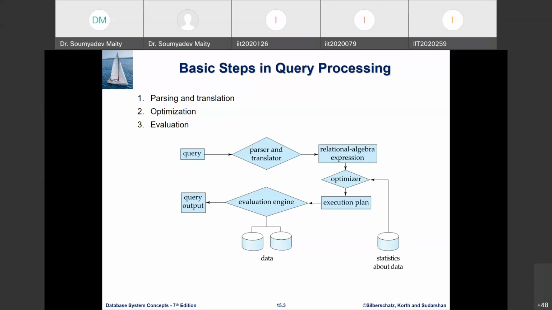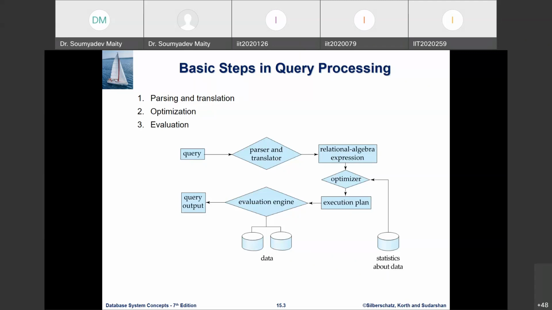So what is an execution plan? An execution plan is nothing but an annotated relational algebra expression. Annotated relational algebra expression means it is a relational algebra expression where for every operation in that expression, it is clearly mentioned which algorithm you have to use.